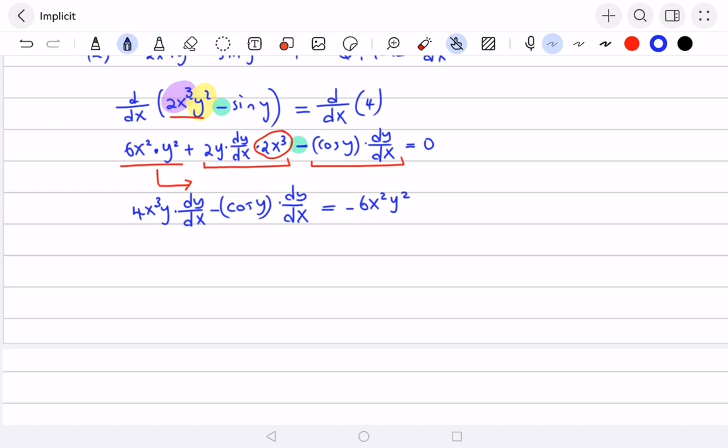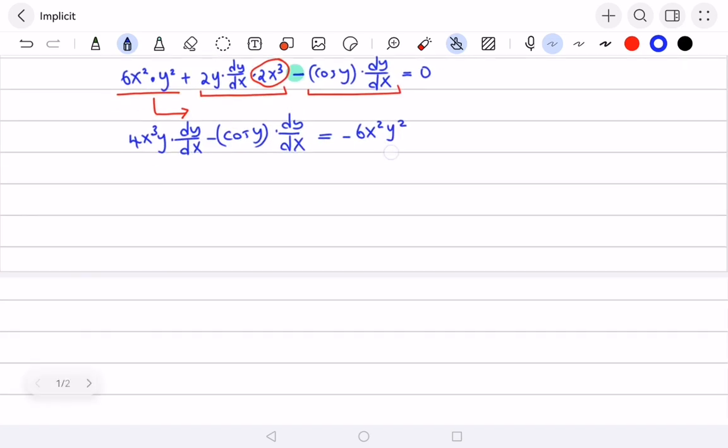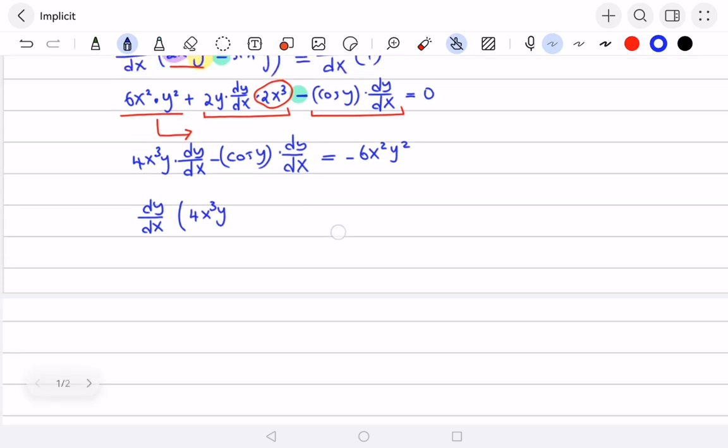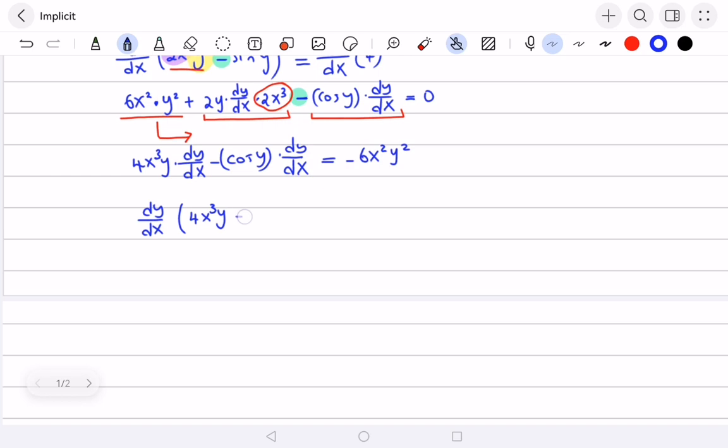Then we take dy over dx as a common factor. dy over dx as a common factor will give us 4x cubed y minus cos y. This equals minus 6x squared y squared.